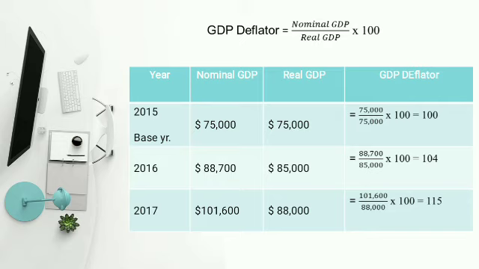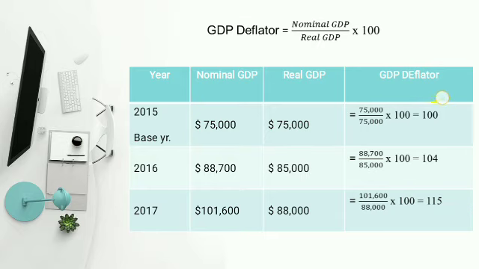The real GDP in 2015 is 75,000, in 2016 it is 85,000, and in 2017 it is 88,000.